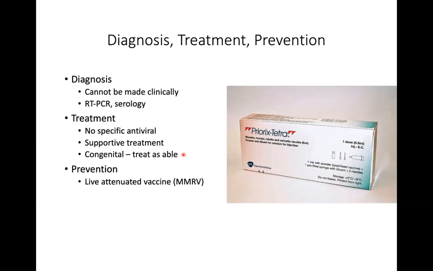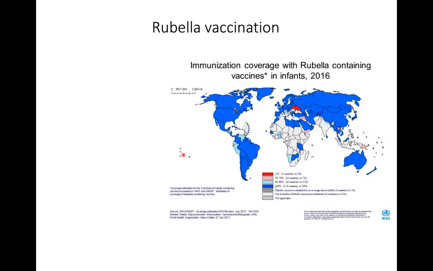So like with measles, it's part of the MMRV vaccine. And once we started delivering the vaccine, we saw a significant and rapid decrease in the number of congenital rubella syndrome cases. We know that we still get decent coverage in the United States of vaccination here.